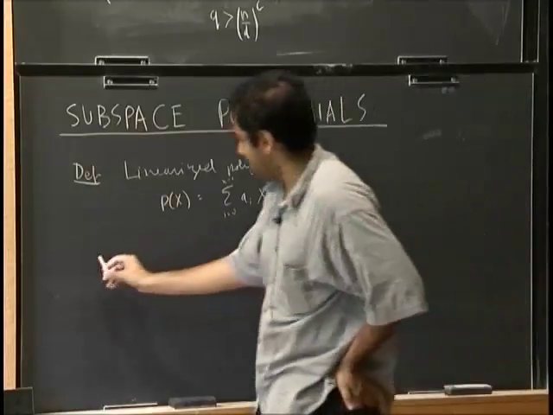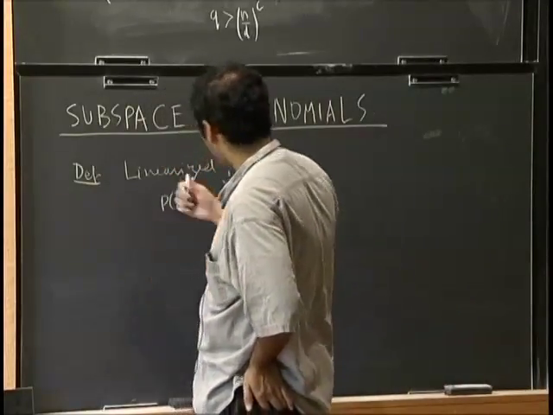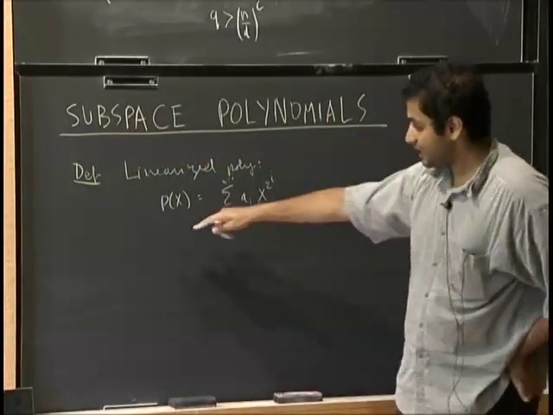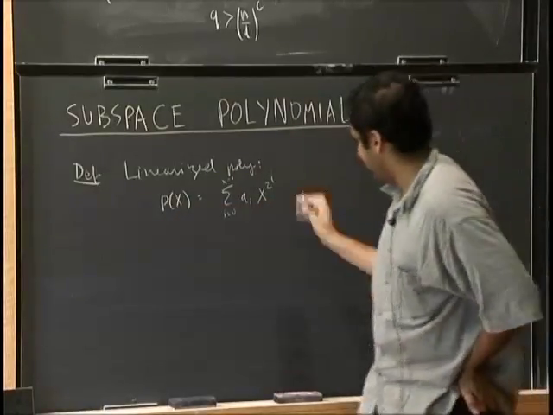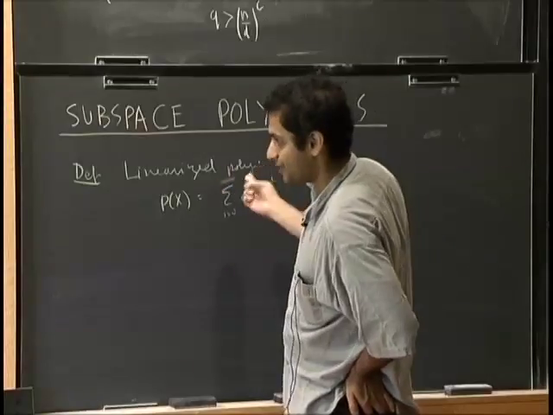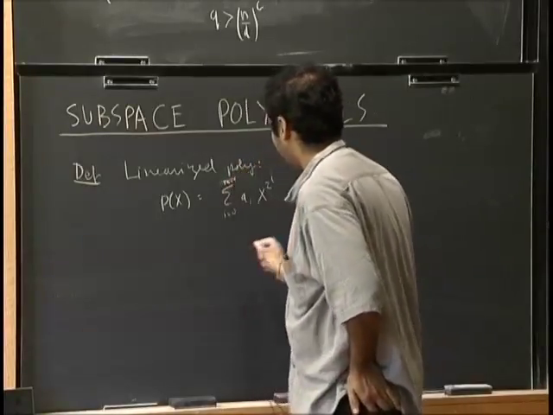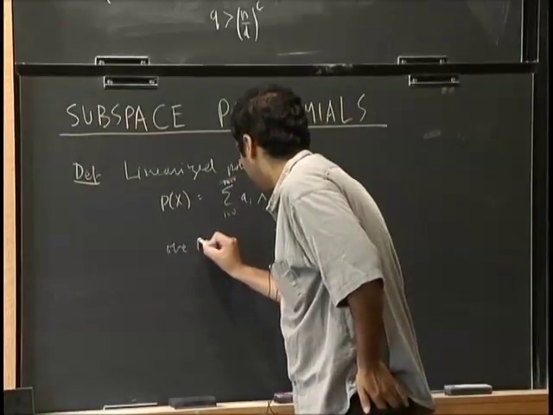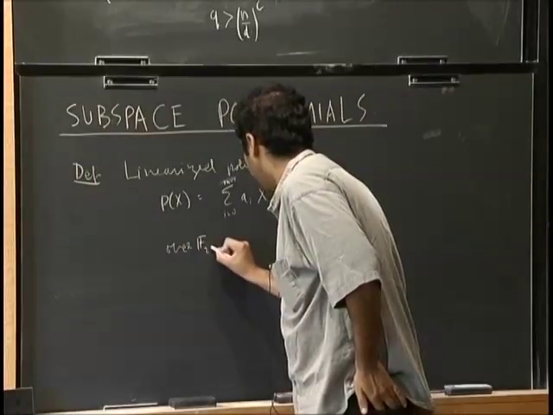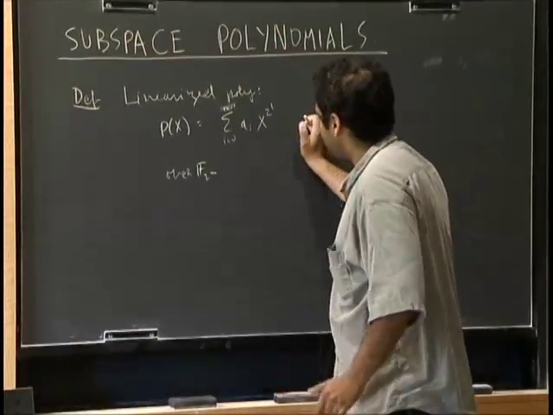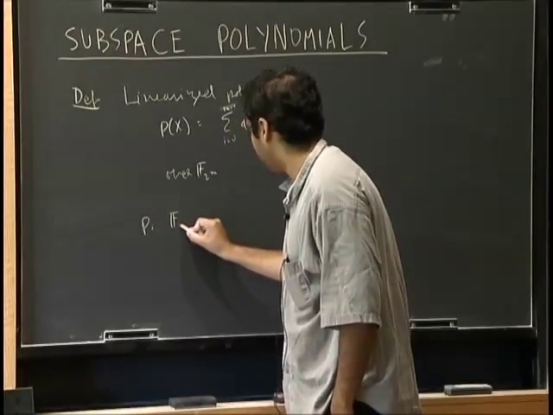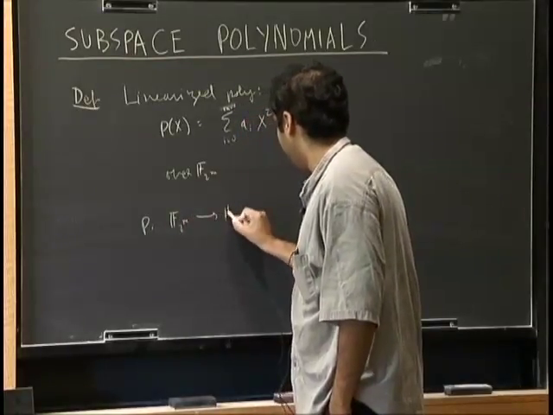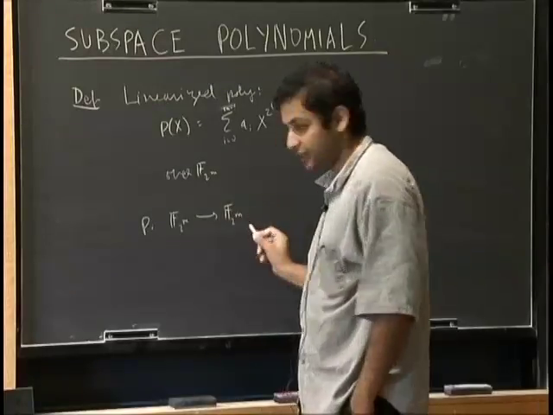One fact that I want to say is that, first, it's clear that a linearized polynomial gives you a map from F2 to the m to F2 to the m, just by evaluation.